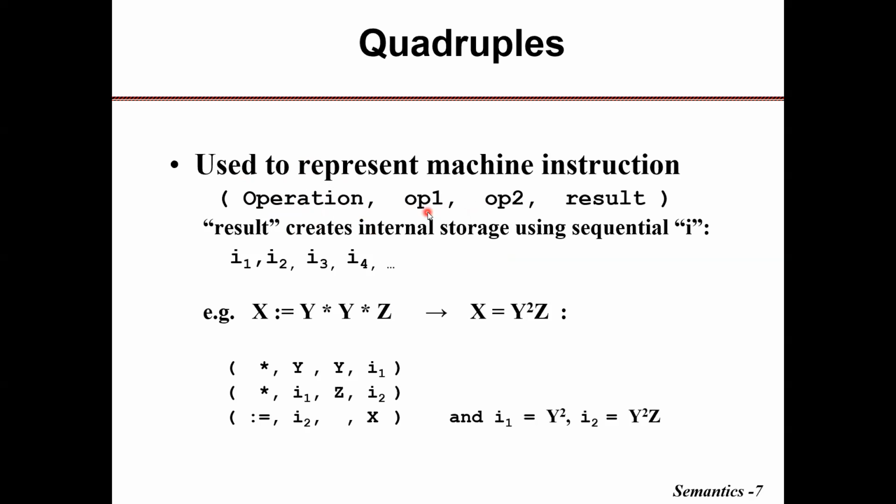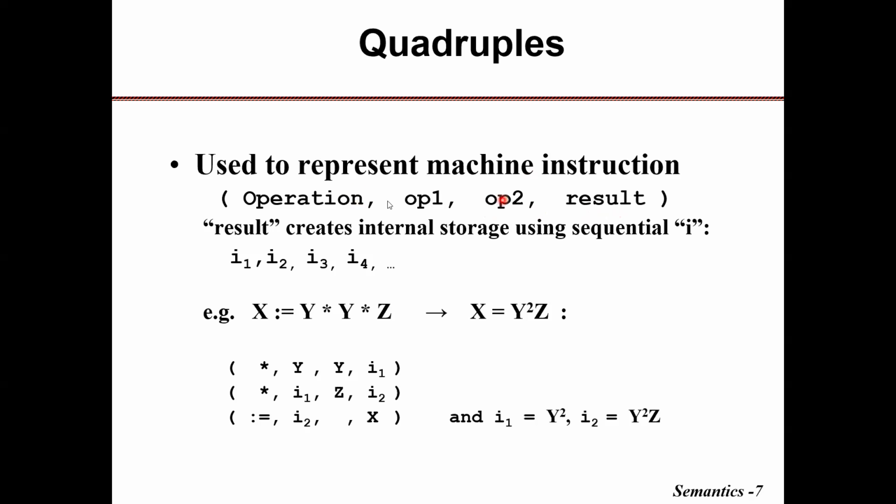Then the two operands that it's going to perform that operation on, and then where to put the results of that operation. Now, some operations only need one operand. If that's the case, then you'll only have something in the operand one field, and you would leave the other one blank, and then you would have where to put the results.